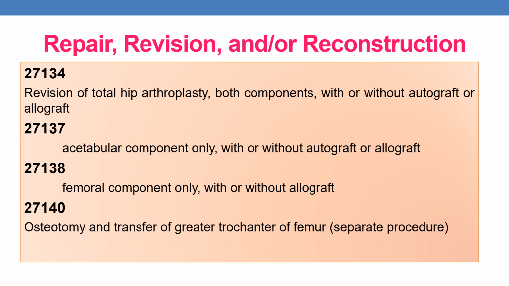The next is 27138. It deals with revision of total hip arthroplasty, femoral component only with or without allograft. The next is 27140. It deals with osteotomy and transfer of greater trochanter of femur.